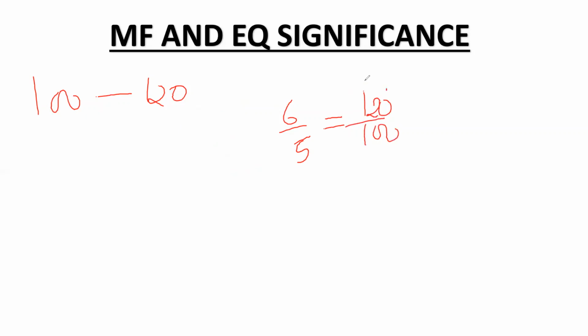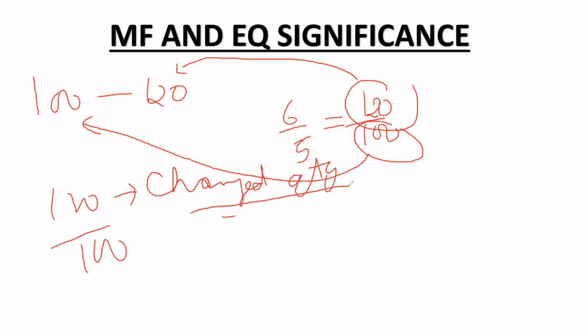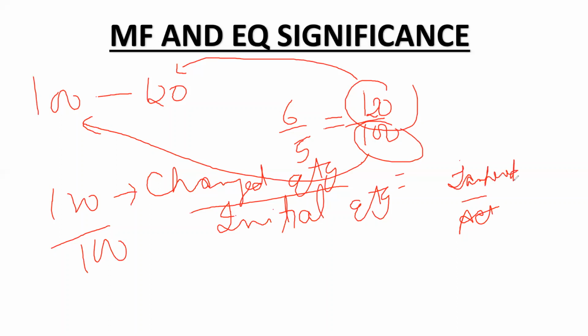What is 120 and 100? 120 is the changed quantity, and 100 is the initial quantity, or in fact the actual quantity, because we'll be dealing with the actual quantity most of the time for this particular question. So it is changed by actual, with the tampered or fake quantity in the numerator. So this is the multiplying factor.